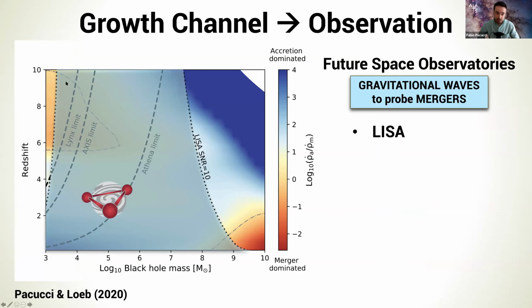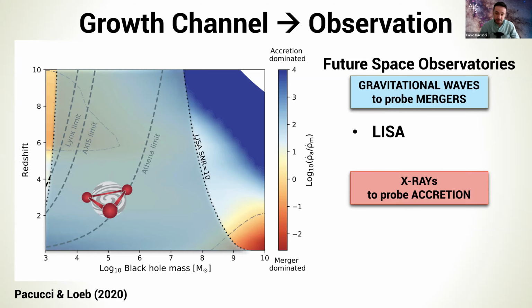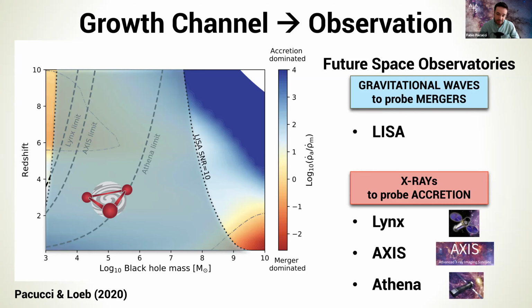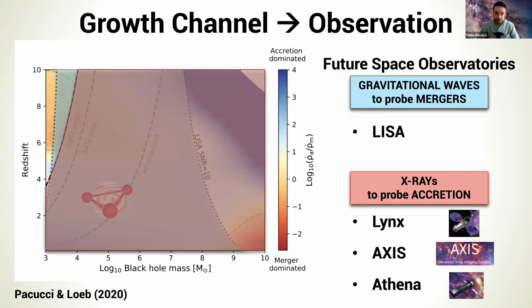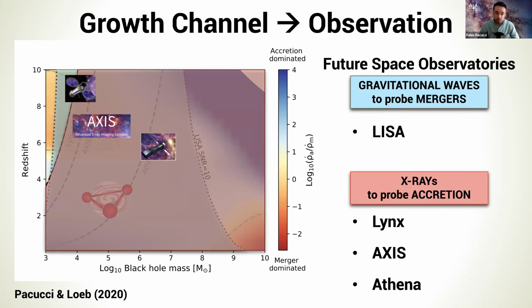And in particular, our model predicts that it will be fundamental to determine this area where many mergers are predicted to occur. Instead, X-rays are very efficient in probing accretion. So future or prospective X-ray missions like these three will be fundamental to probe most of this parameter space, and will play a crucial role in observing black holes accreting throughout cosmic time.